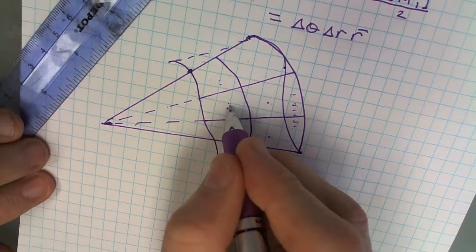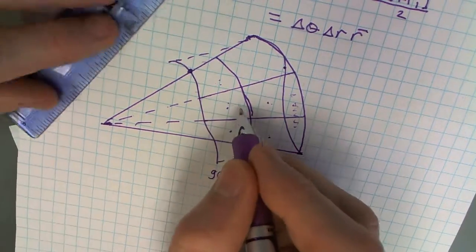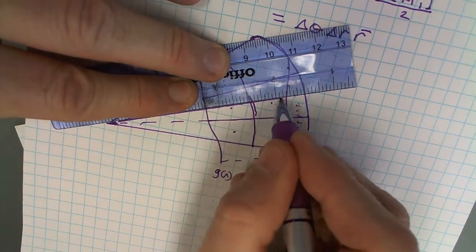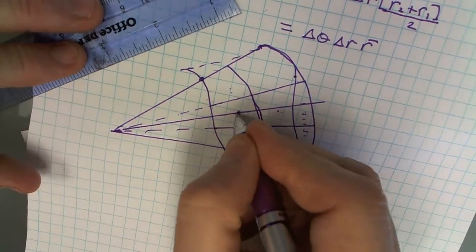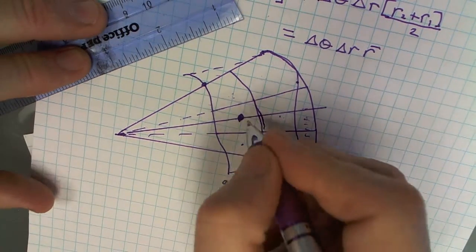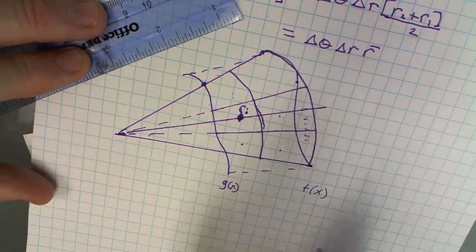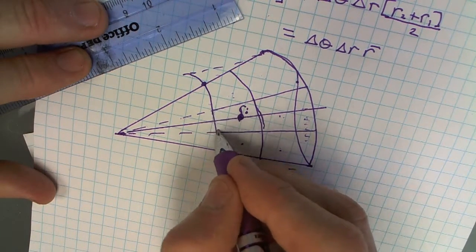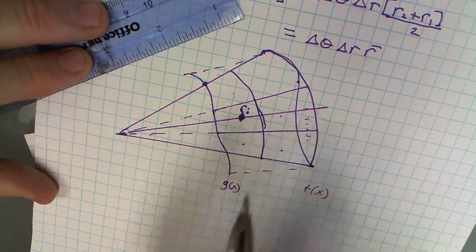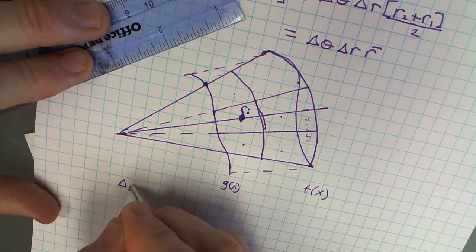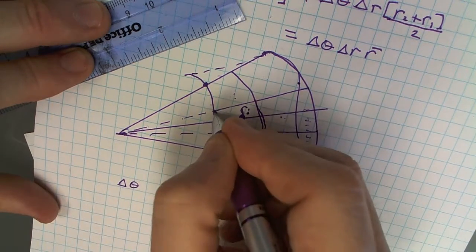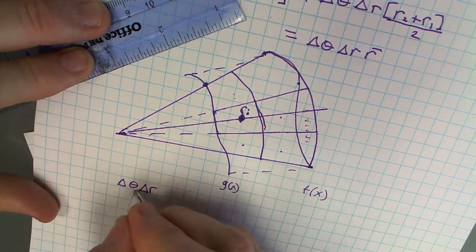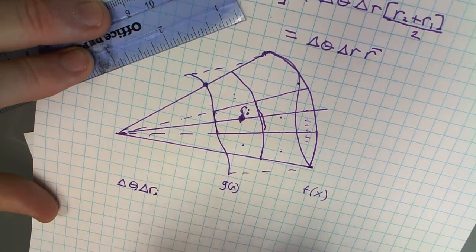Let's just pick this one. I will fix the theta, and I have the average R right here. Let me call it R sub i, because this is the ith one. If I want this area, it's going to be approximately delta theta times delta R times R sub i, with theta sub i.